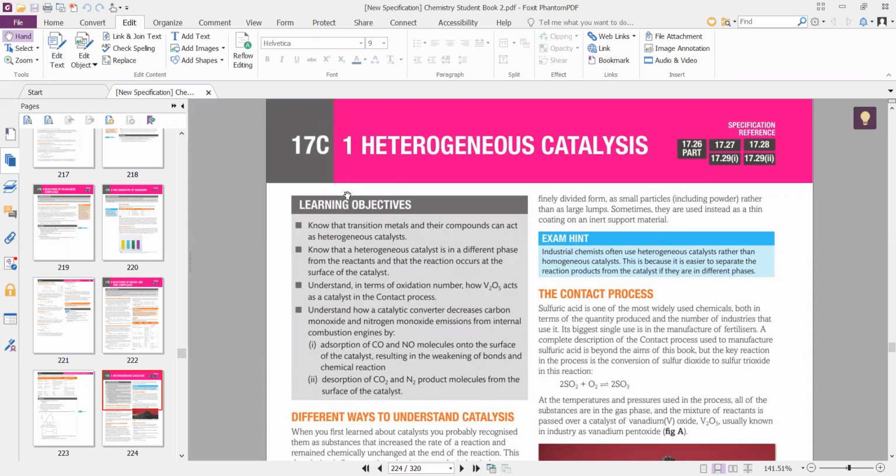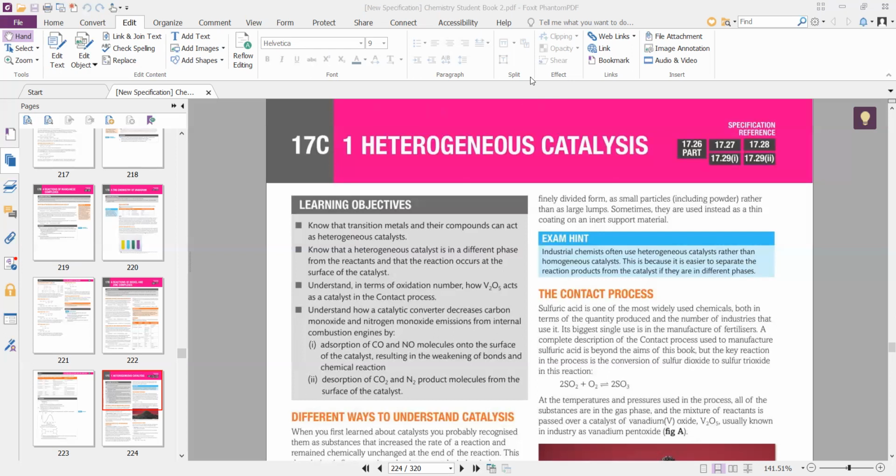How to define catalyst? Define catalyst.